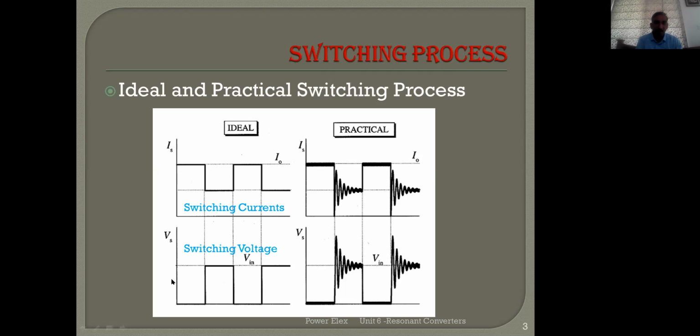Similarly, the voltage across the device is 0 when the switch is on, and full voltage Vin is across the device when off. Then again, saturation means approximately 0 volt, sorry, 1 or 2 volt, which is the drop across the device, and is represented at the ground line only. So this is what we ideally expect.